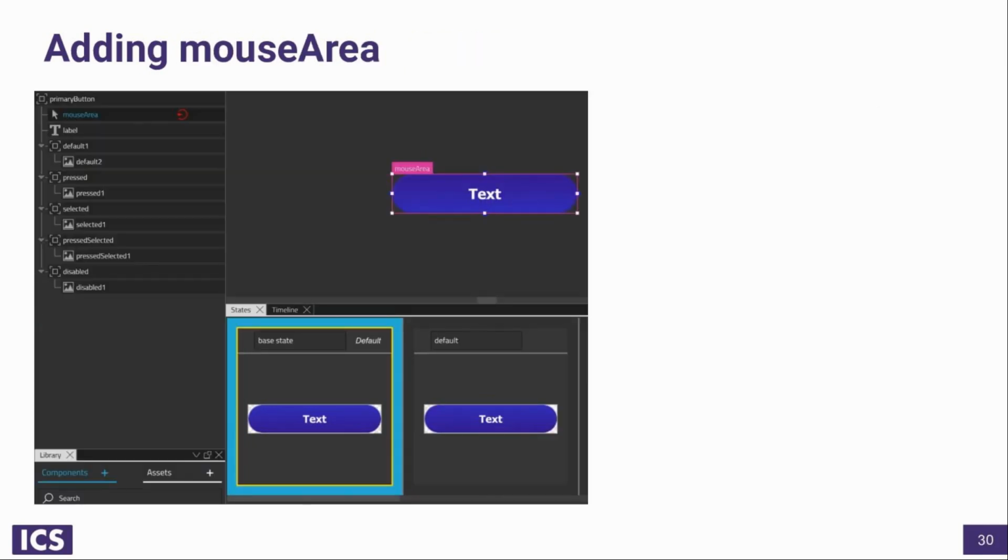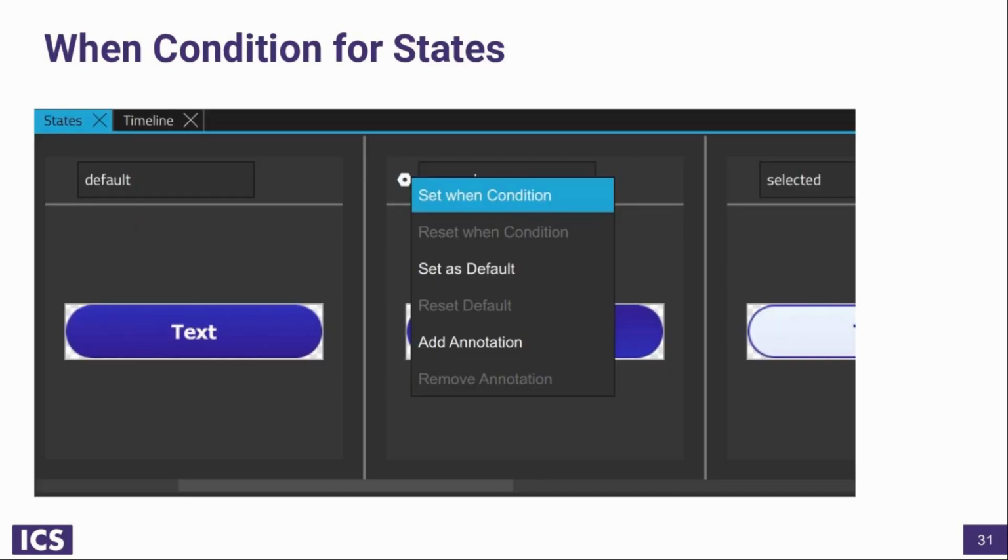To register user input, we need to add a new component to the base state, which is called mouse area. It's like an invisible rectangle, which defines the area where the component will register users' taps. Once all the states are ready, what's left to do is to add when conditions, meaning rules when each state is triggered.